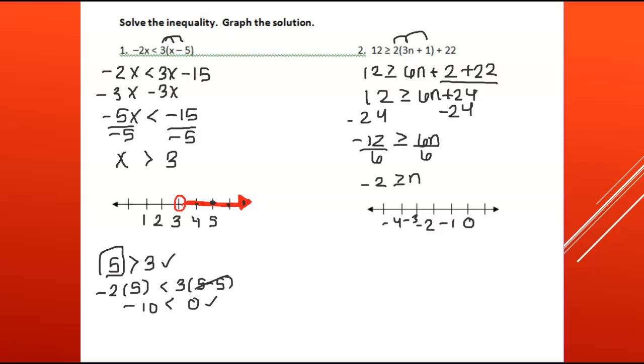It's greater than or equal to, so we have a closed circle. But since the variable's on the left, the shading's the opposite of what you'd think. This is really the same as saying x less than or equal to negative 2. So you'd shade below. Good.